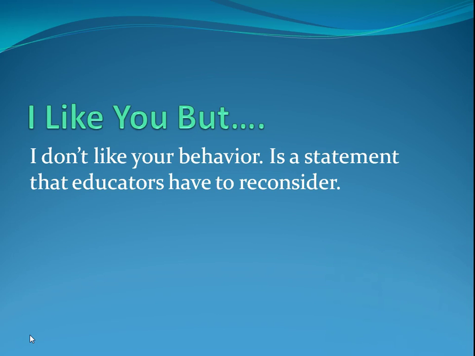Those are the kids we have to work with. It's easy to have a conversation with a kid we like. Take the kid that we don't like and try to begin to form a relationship with them. And what will happen as you form that relationship is you will develop greater levels of respect.